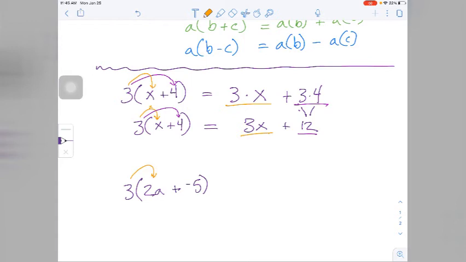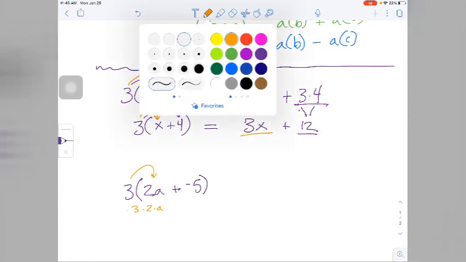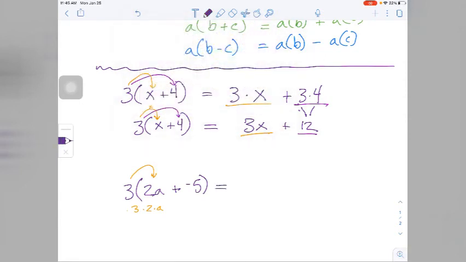So 2a means 2 times a. So this is going to be 3 times 2 times a, which equals 3 times 2 is 6 times a is 6a.